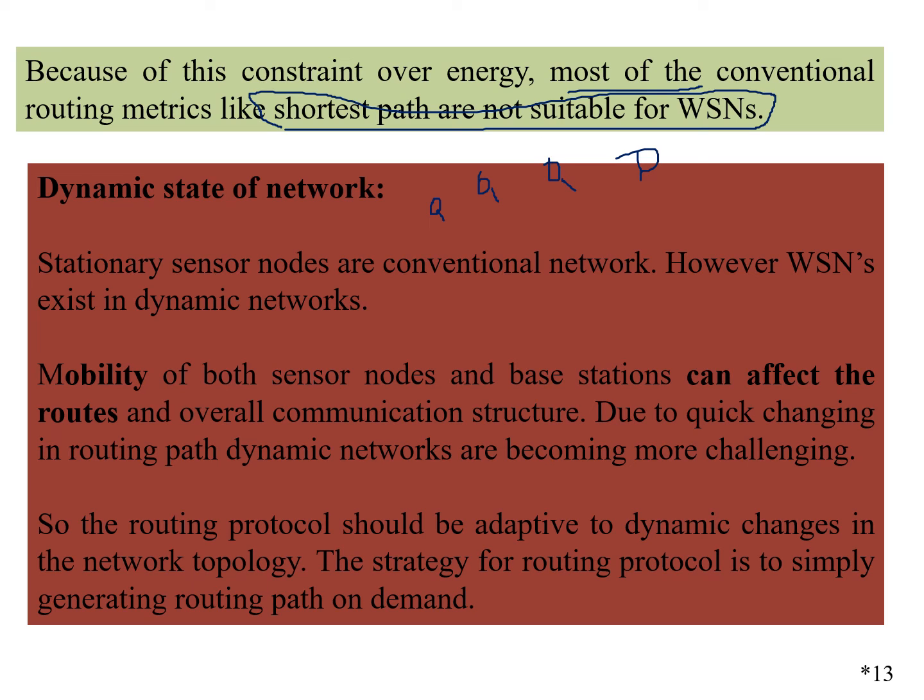But in wireless sensor networks they are miniaturized. There might be a situation where you can take this node and place it in some other location, and changing the location will also affect the routing and the path.